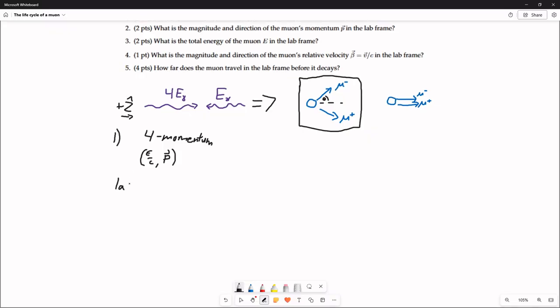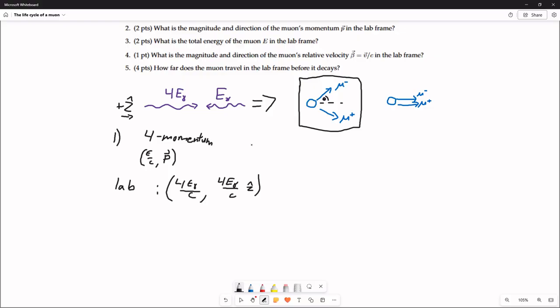So in the lab frame, we have the gamma ray with energy 4 E gamma and momentum 4 E gamma over c z hat.